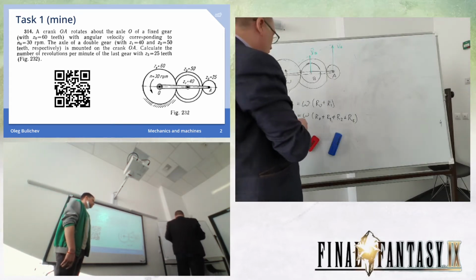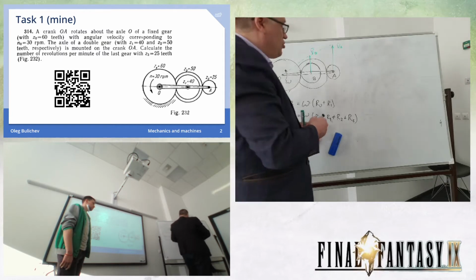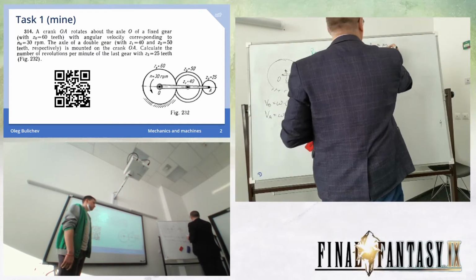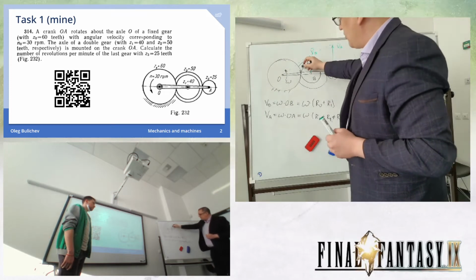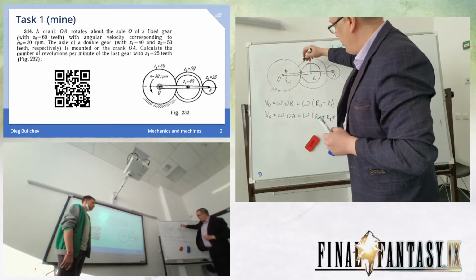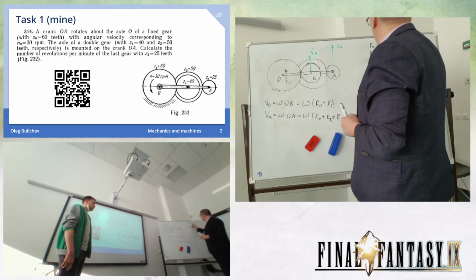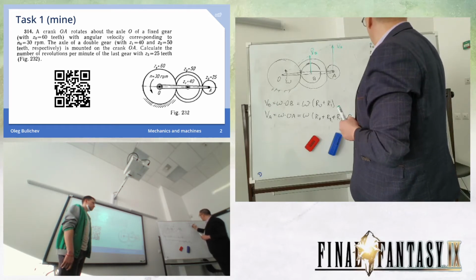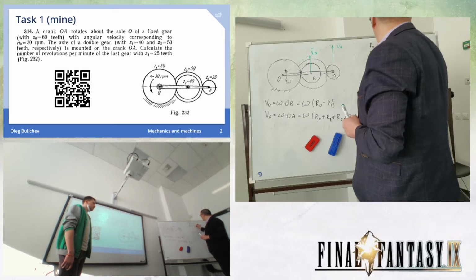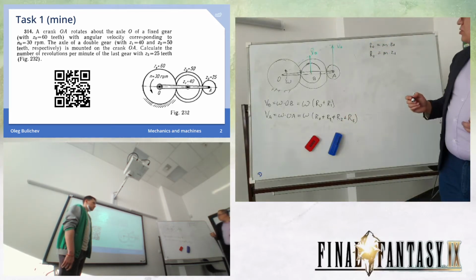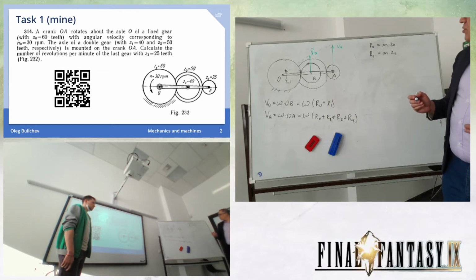Well, of course, R0 is the module of this multiplied by Z0. It should be half of that. R1 is the same module multiplied by Z1, also half. Like the diameter is module times number of teeth.